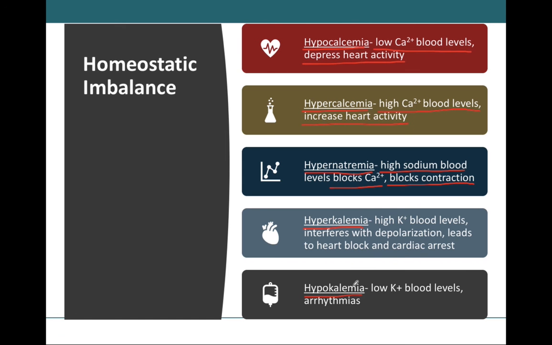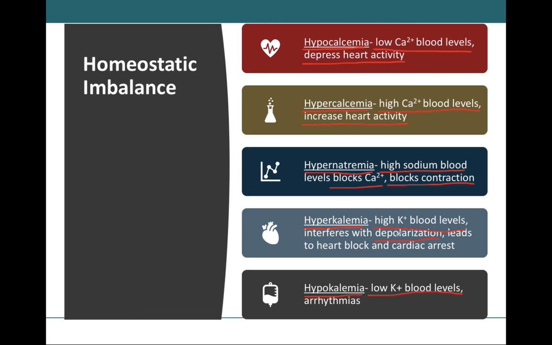Hyperkalemia and hypokalemia refer to increased and decreased levels of potassium that can be found in the blood. So hyperkalemia is increased potassium levels, and hypokalemia refers to low potassium levels. Now, potassium is important for repolarization. So if we have increased levels of potassium, that's going to prevent depolarization from taking place.